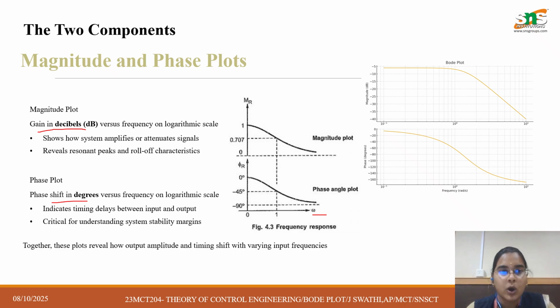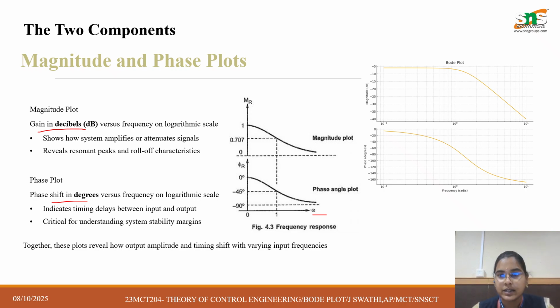The magnitude plot is the top plot, typically with the y-axis in decibels, which shows how much the system amplifies or attenuates signals at different frequencies. At the bottom, the phase plot shows the phase lag or lead in degrees, indicating how much the output signal's timing is shifted relative to the input at each frequency.